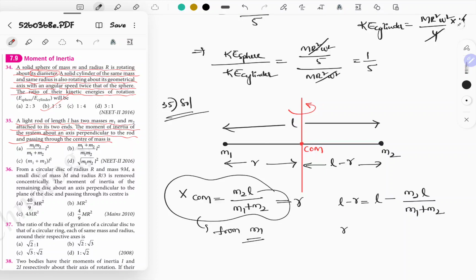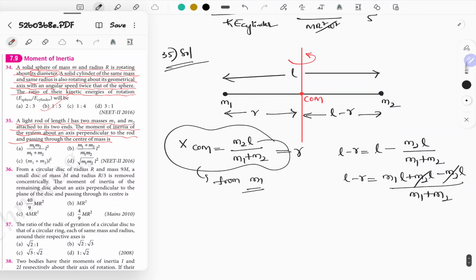So L minus R equals (M1L plus M2L minus M2L) divided by M1 plus M2, so L minus R is equal to M1L by M1 plus M2.